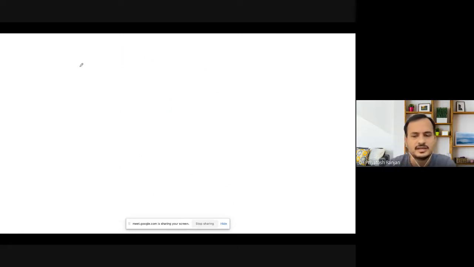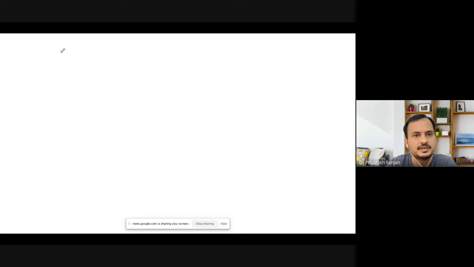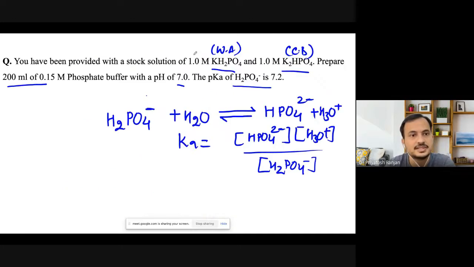Same way, I will put some values here, but before that, remember, in the question it's given that it's a phosphate buffer. So what is the concentration of conjugate base and the acid? Go back to the question and read it. It's given as 0.15 molar phosphate buffer.